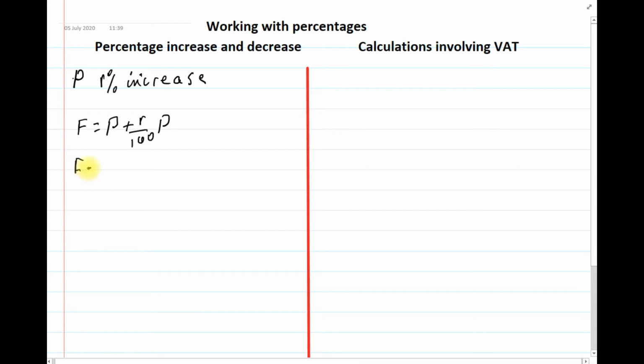So F is equal to P, I factorize the P here, 1 plus R over 100.